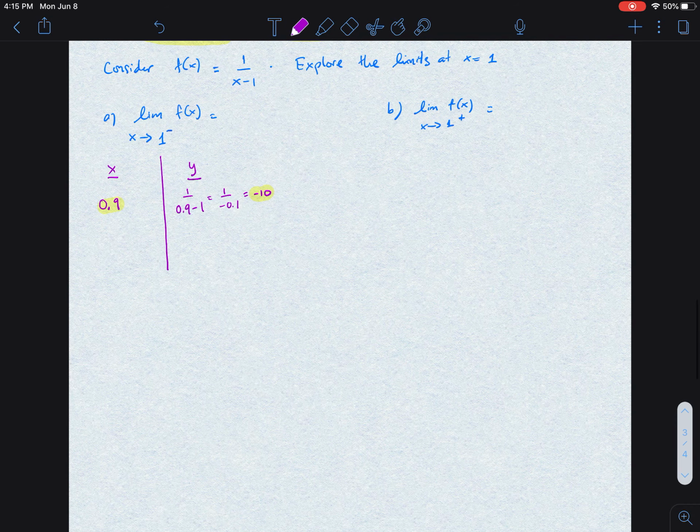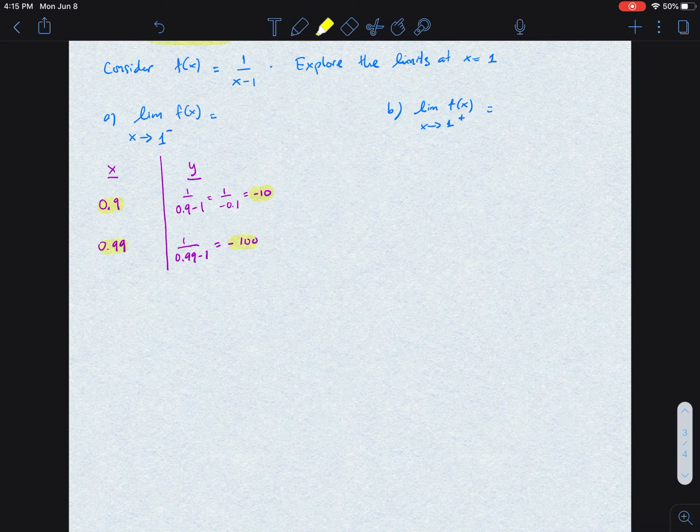Now let's look at another x value that is close to 1, maybe 0.99 from the left hand side. Now we have 1 over 0.99 minus 1, that's 1 divided by negative 0.01. So we're looking at negative 100 for the y value.